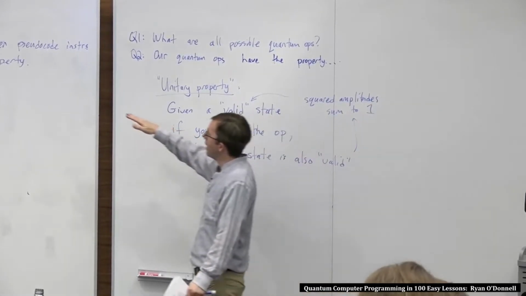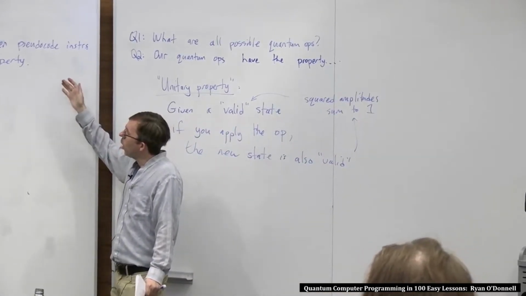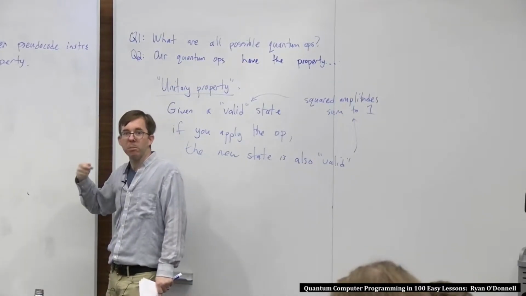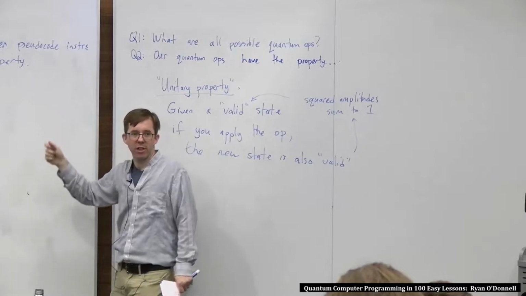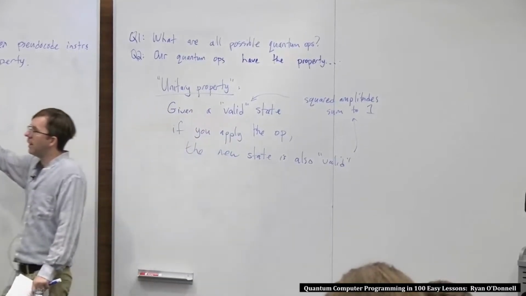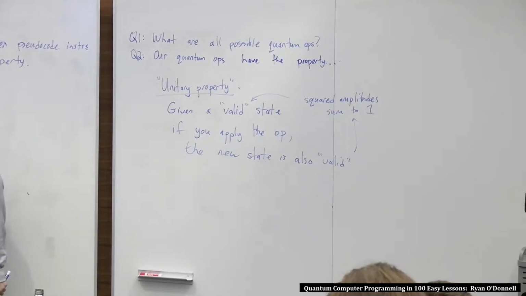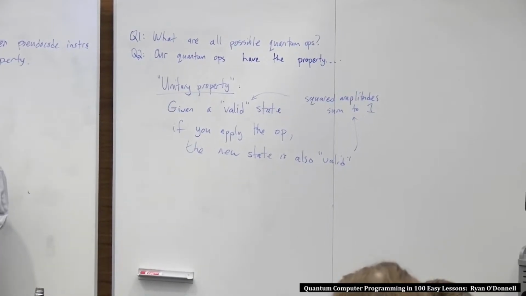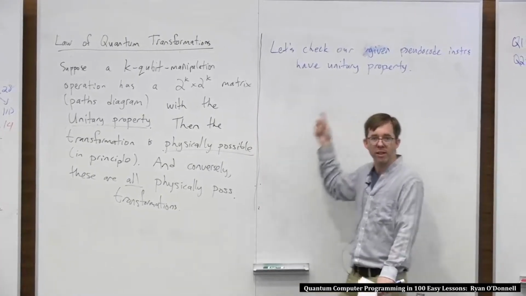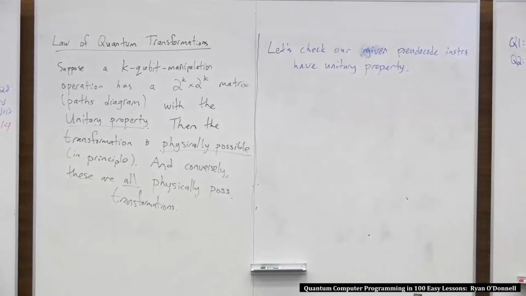Once we check that, we'll have seen that any code that we can build up from our primitive pseudocode instructions has the unitary property and is therefore physically possible. But you might ask about the converse: apparently anything with the unitary property is physically possible, so does that mean anything with the unitary property we can code up using these primitive instructions?